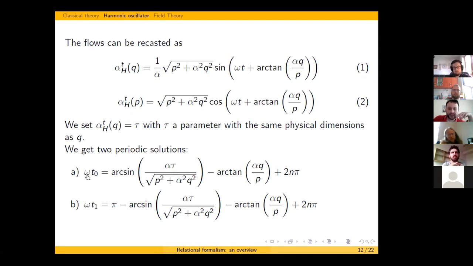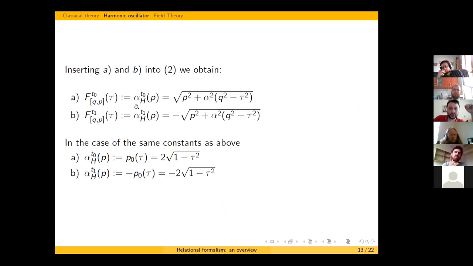And what we get is omega t0 two solutions, periodic of course, and these two are different. This is just a matter of calculation, nothing special. When we now insert these two solutions into this one, the second flow, we get, of course, two solutions here. One with the plus and one with the minus for the two different solutions.